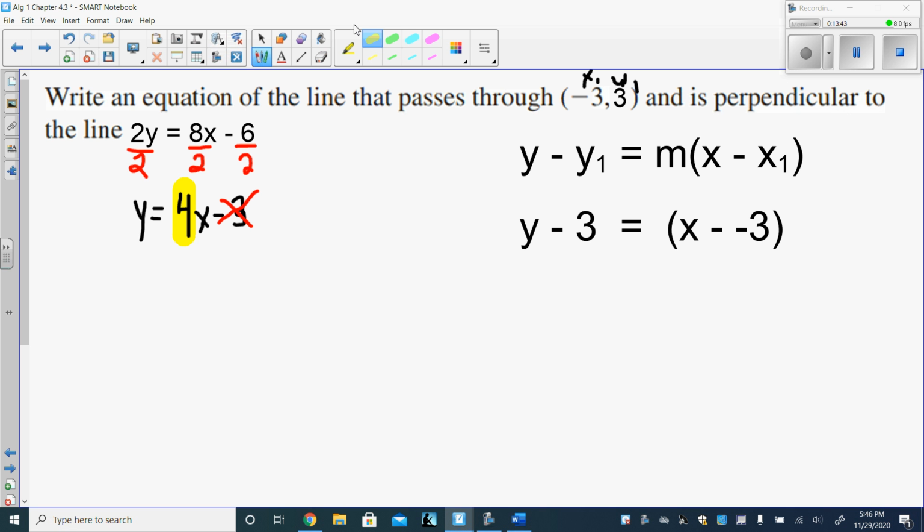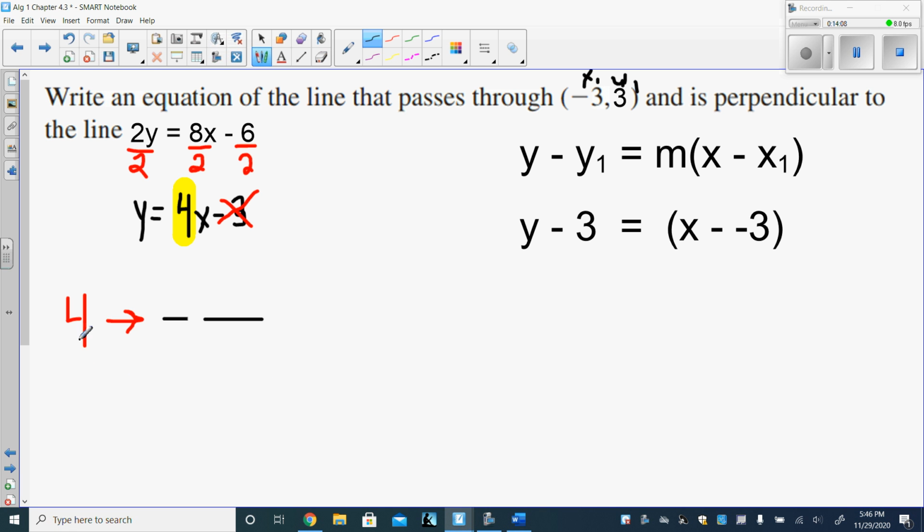That's what we were wanting, because if I know the slope of the line that it's perpendicular to, the new slope, the slope we're wanting, is going to be the opposite reciprocal. So the opposite reciprocal of 4, so we're going to take 4, change the sign, and flip it. So since it's positive, the new slope, the slope we want, is going to be negative.